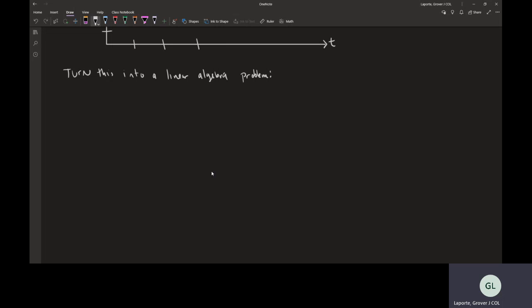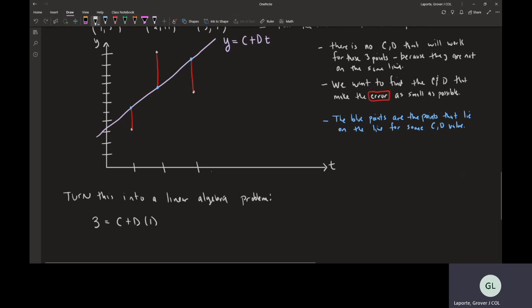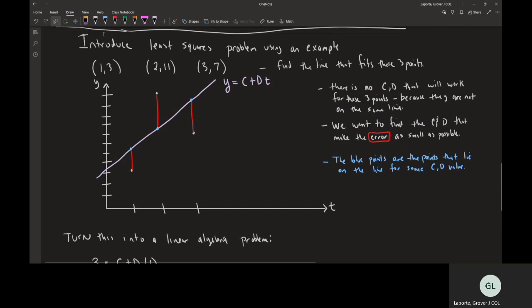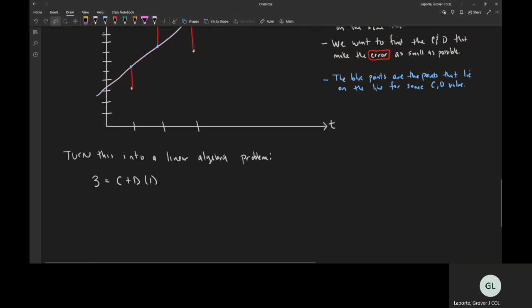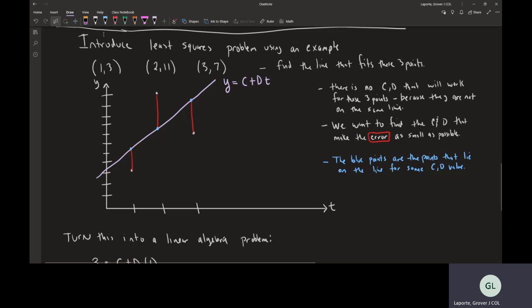So the linear algebra problem would be 3 is equal to C plus D times 1. Now, where did I get that from? Let's go back up. Our point was 1, 3, and our line is y equals C plus Dt.